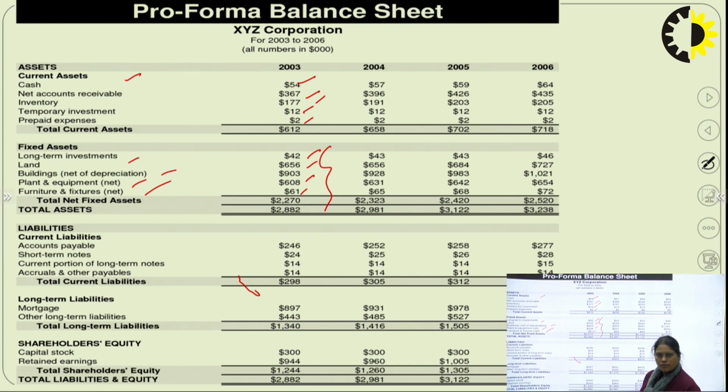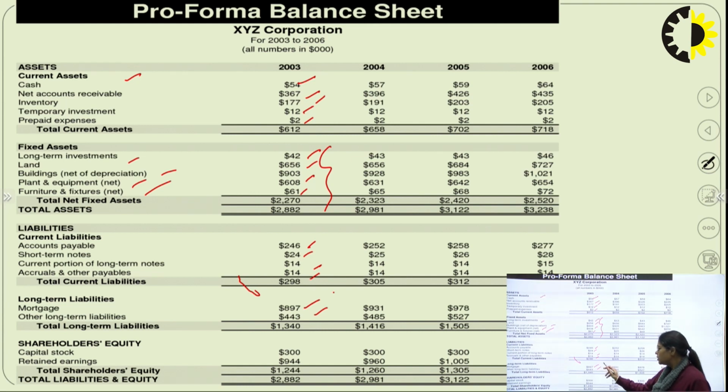Now, we come to the liability part. In the liabilities we put all the current liability values like account payable, short term loans, current portion of the long term loans. All the current expenses will come into this liability category. Again, we have to put the value of long term liabilities, that is mortgage value and other long term liability values.